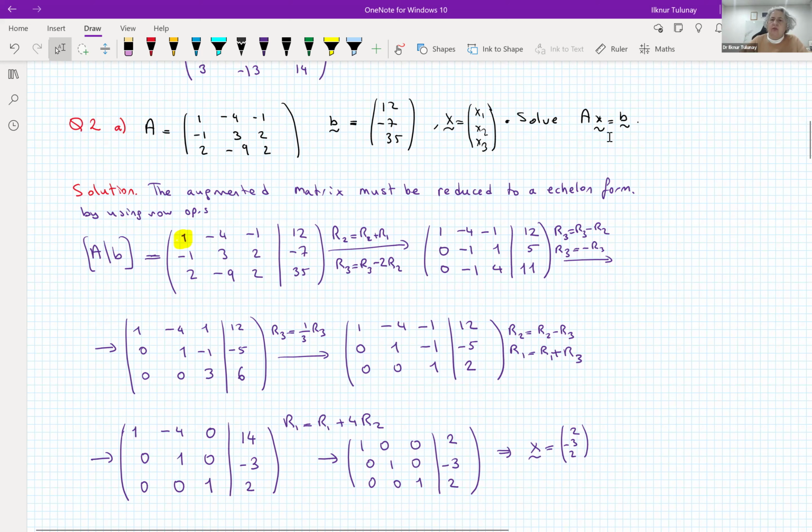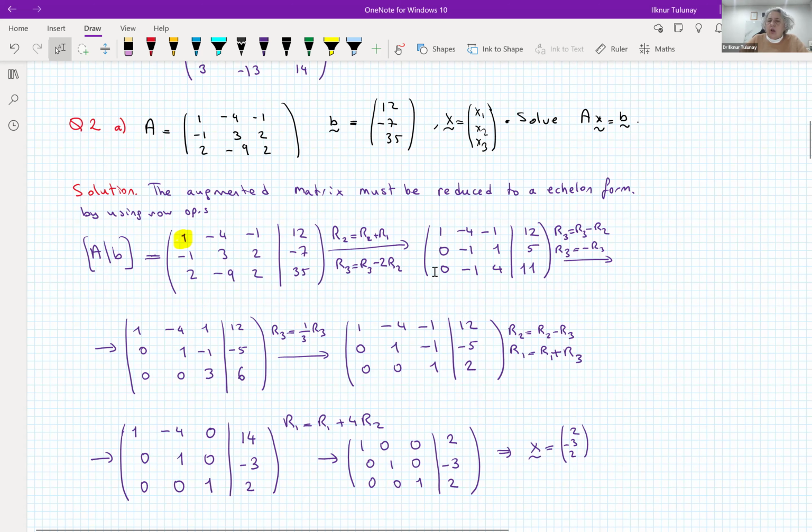How we solve it is, first, we write down the augmented matrix. What does an augmented matrix mean? We write the coefficient matrix A, and then in the last column we put the column vector B. In order to separate that from the coefficient matrix, we use a line that emphasizes that. So this is the coefficient matrix, and this is the right-hand side of the equation that we have.